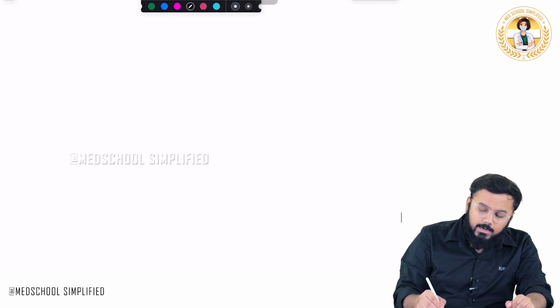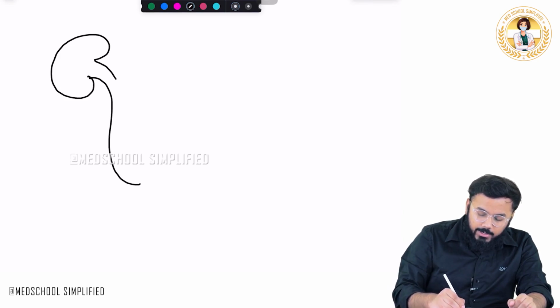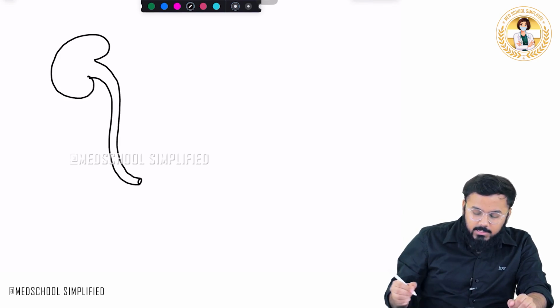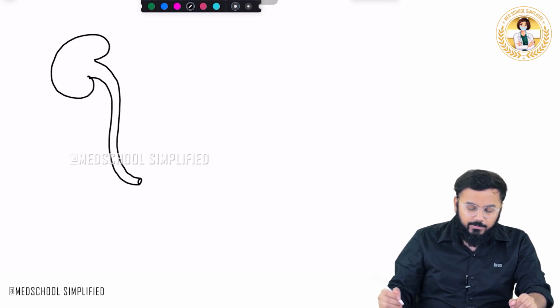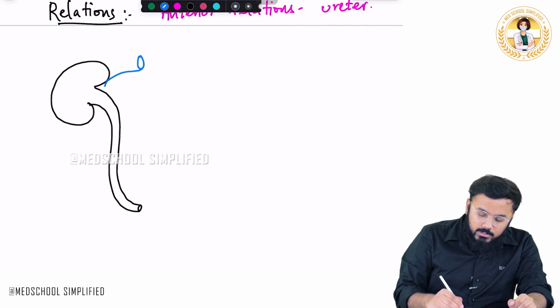Regarding the anterior relations, first we will discuss the anterior relations of the right ureter, which is called your right ureter, and later the anterior relations of the left ureter. Now if you look at this picture over here, there is one more important structure which you need to know. So this is that particular structure.